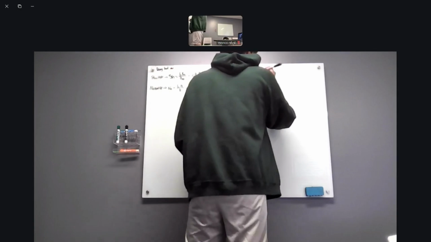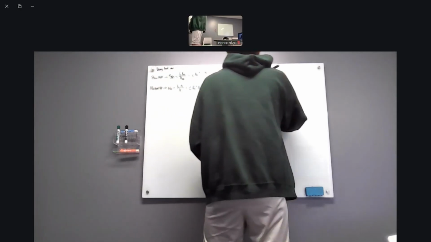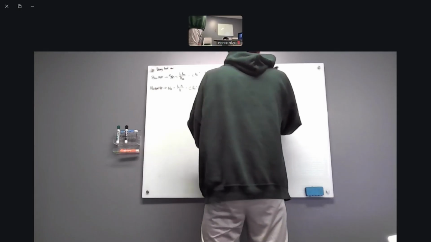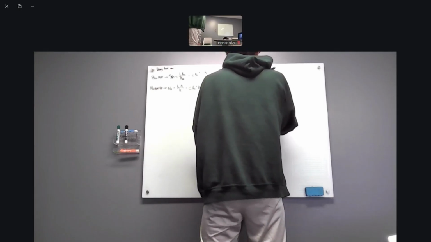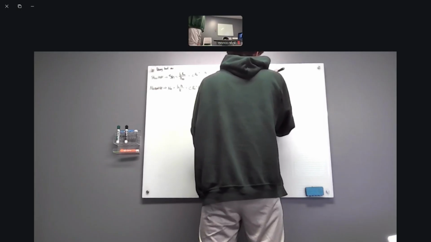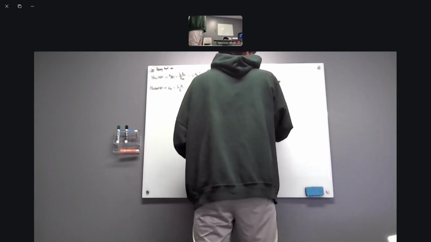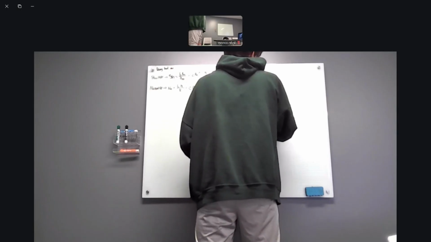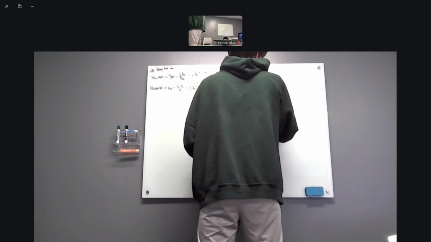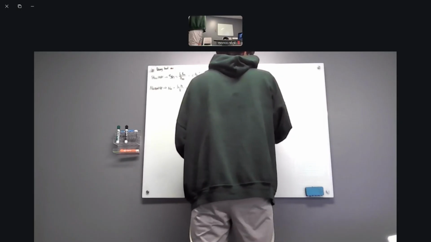So if we assume our Lewis number is equal to 1, we can separate these into each other to get k_c over rho c_p Le is equal to 1. So if we put the h on the other side, we get h equals k_c rho c_p Le, with Le being 1.